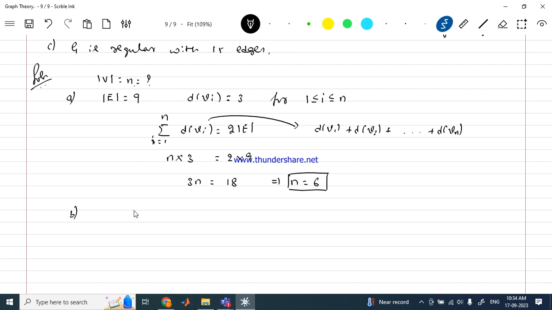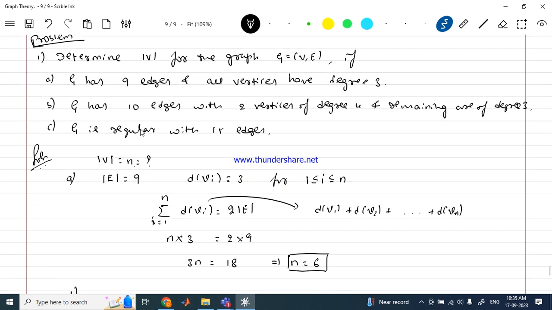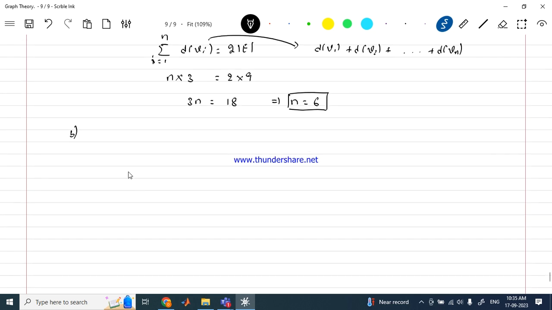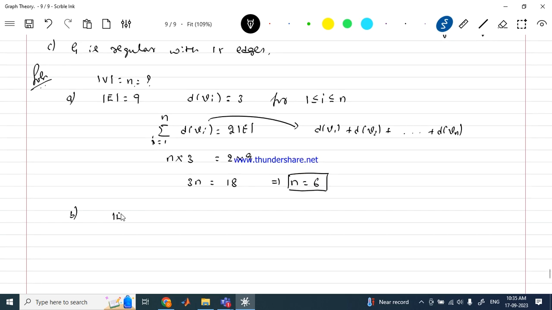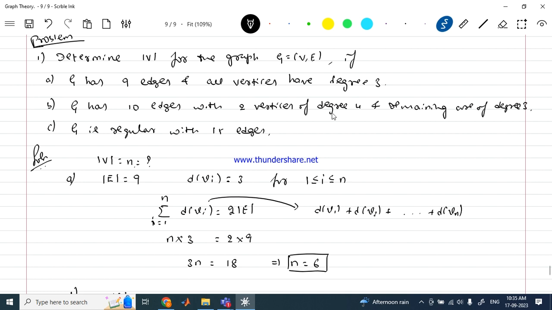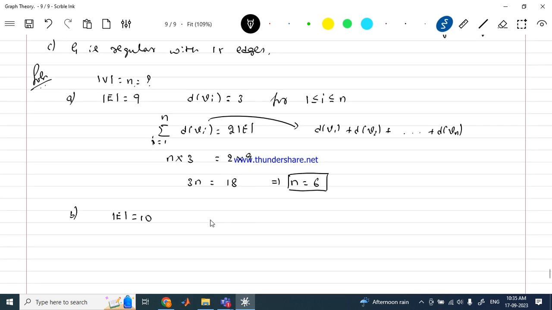And second example, and I just need to do the same thing again. G has 10 edges. So they are saying that the number of edges is equal to 10, and they are saying 2 vertices of degree 4. So degree of V1 is 4 and degree of V2 is also 4.